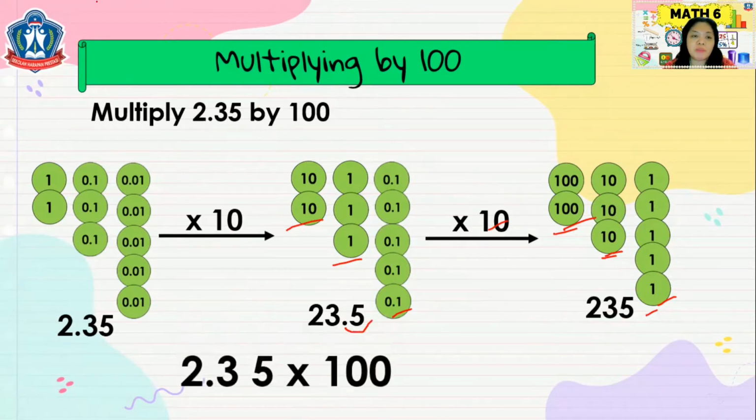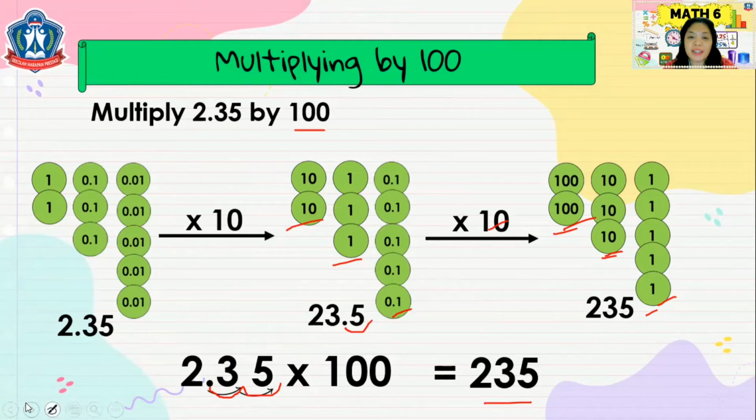So if we multiply a number by 100, we just simply move the decimal point 2 places to the right. We have 1, then 2. So from here, the decimal point will move 2 places to the right. So 2.35 times 100 is 235.